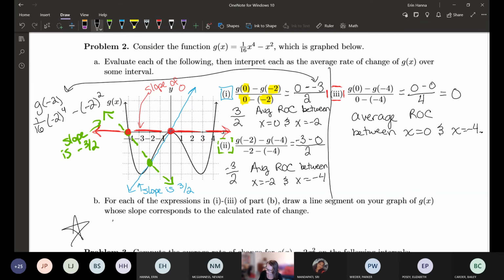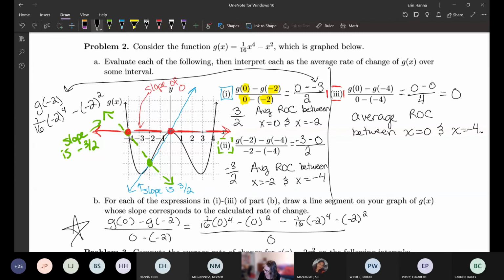Say I wanted to calculate g of 0 minus g of negative 2 over 0 minus negative 2. If I were to plug that into the function, I would have 1/16, 0 to the 4th minus 0 squared. I'm going to write it out in the wrong way. And then I would plug in negative 2 to the 4th minus negative 2 squared all over 0 minus negative 2.